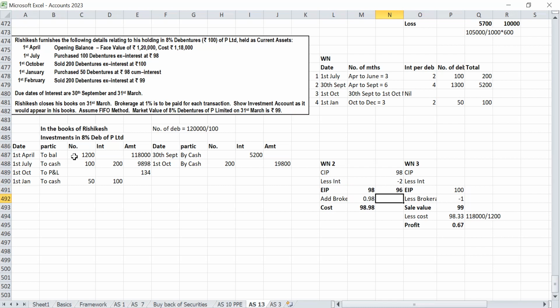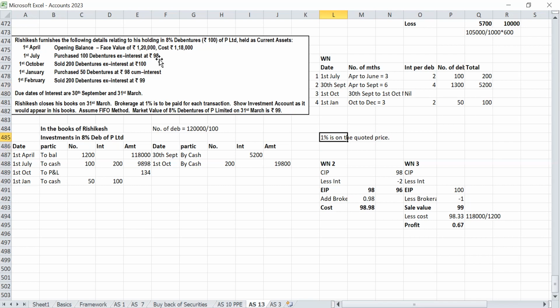Then brokerage 1%. 1% on what? 1% is on the quoted price.